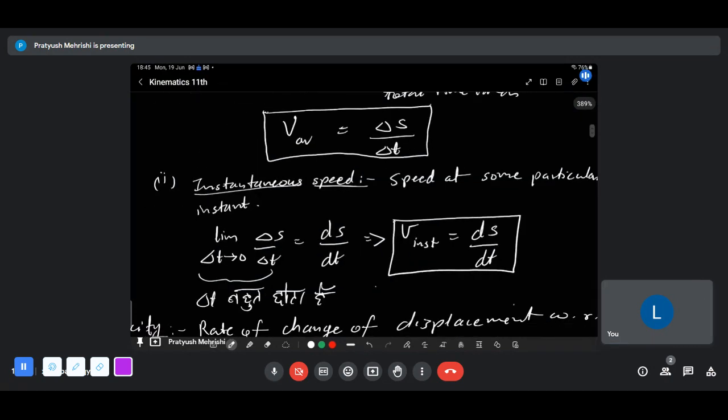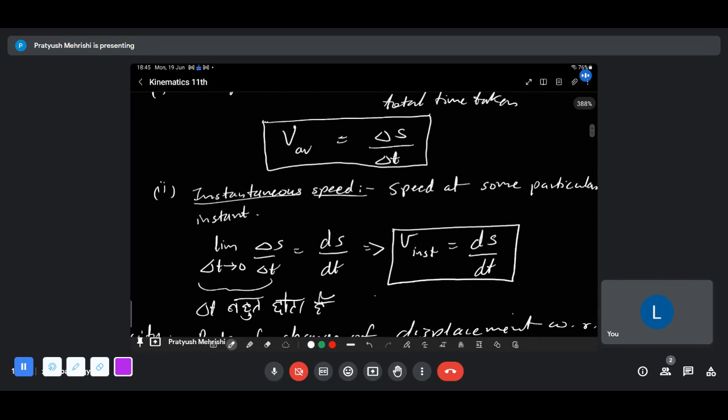This you might be studying since a long time. And instantaneous speed is nothing but speed at a particular instant. What do we mean by an instant? How can we define an instant? An instant is a very small span of time.